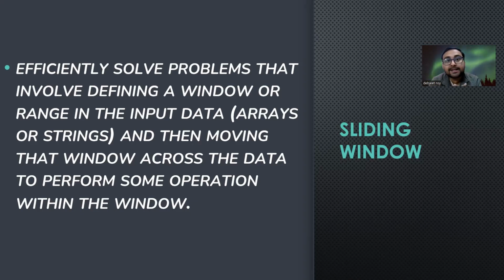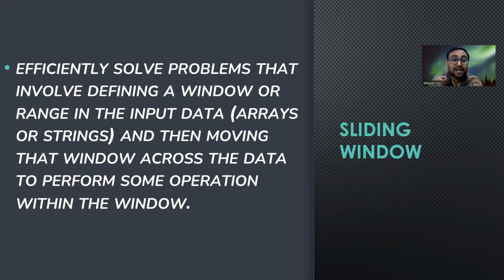Whenever the question involves a subarray, or for a string a contiguous, sequential part, I need to go one by one in a sequence. We don't have the freedom to skip a particular index, like hopping from the first index to the third, then to the seventh index. This freedom is not there. I need to go sequentially, step by step. In that scenario, sliding window helps us a lot in reducing the time complexity.